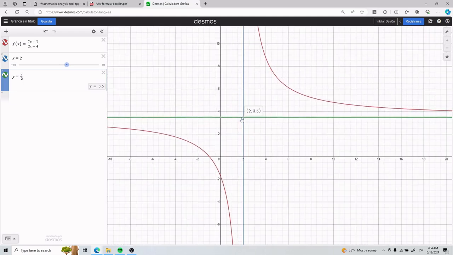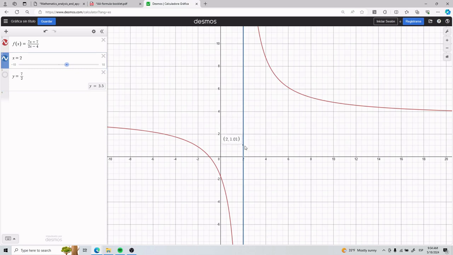For example, why is my vertical asymptote, the one in blue, an x value? We have associated x values to horizontal stuff, so why is my vertical asymptote x equals 2? It's x equals 2 because all along the line, what does x equal? x equals 2 all along my line.